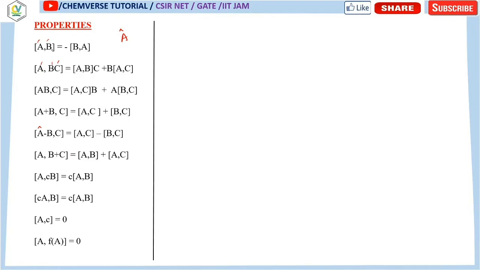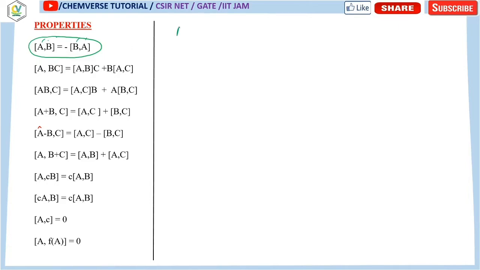Now over here we are going to discuss these commutators. The first one, I have already shown you the first formula with an example, and that was very helpful. This will be frequently applied in your questions. So if commutator [A, B] is written, then it can be written as minus of commutator [B, A].